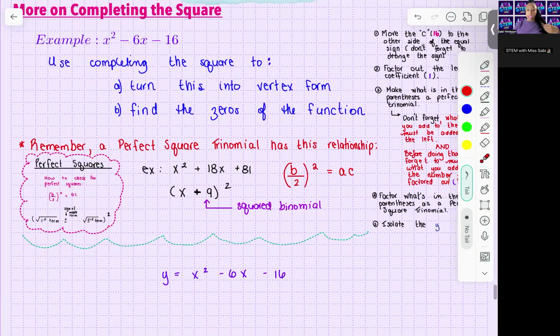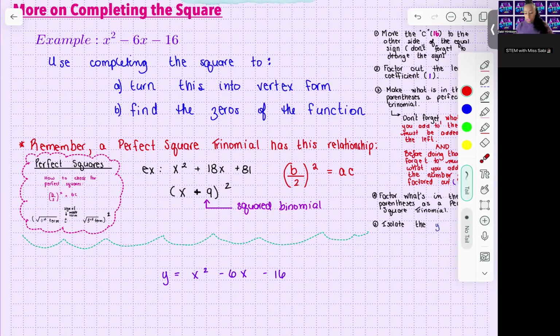When you're completing the square, what you're actually doing is forcing the equation into a perfect square trinomial. Completing the square can be used for two reasons.